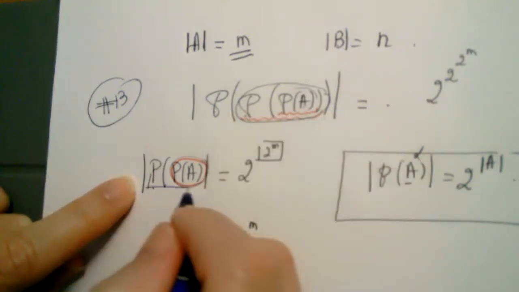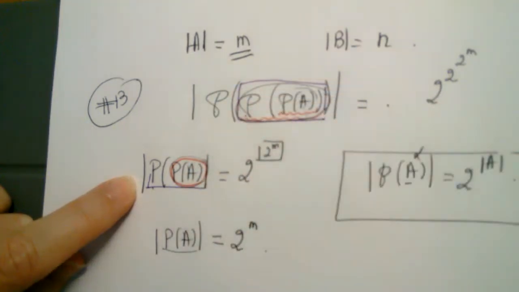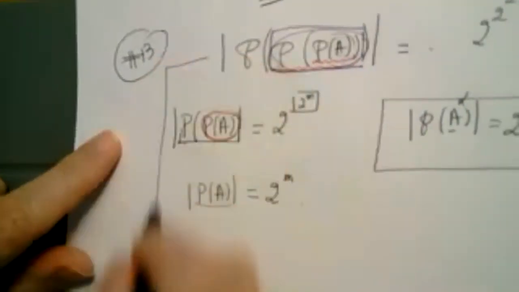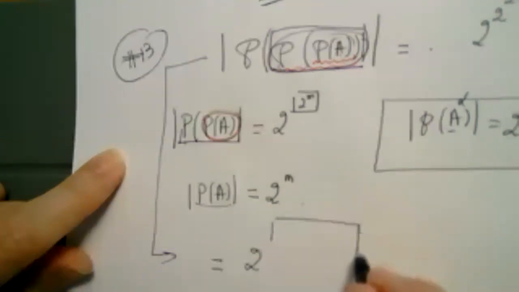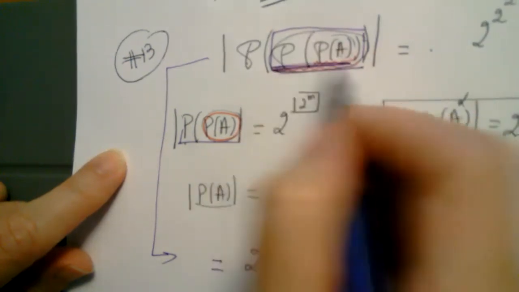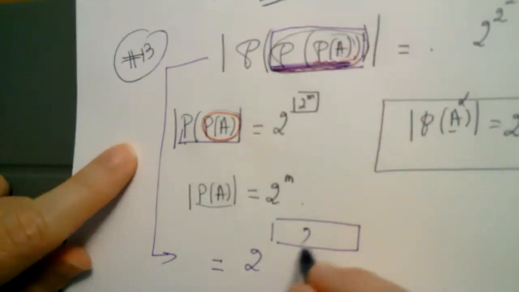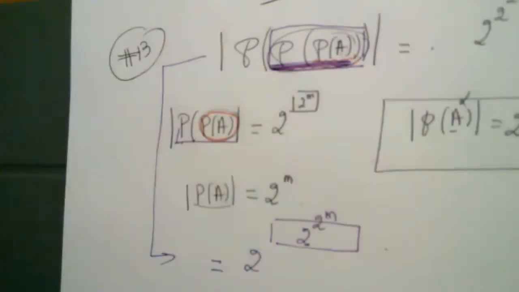The power set of the power set of A is by itself another set, a whole new set. So what's the cardinality of it? It's going to be 2 to the power of the cardinality of this set here, which is 2 to the m. So your classmate was absolutely correct.